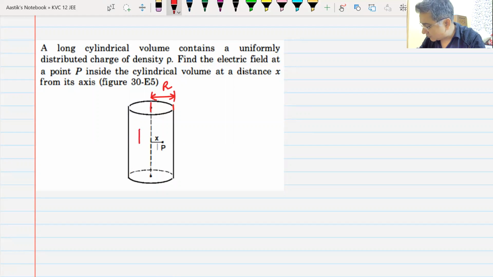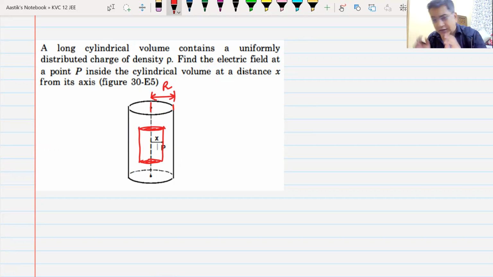Now electric field at all the points on the curved surface will be same. On the circular part it will not be same, but that flux is 0, so I don't have to worry about the circular part. Do we understand this?